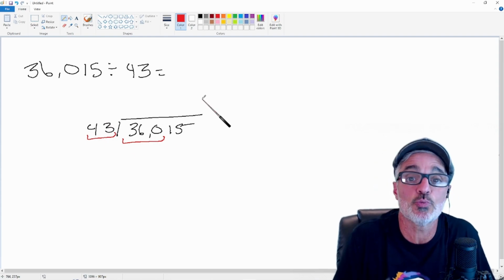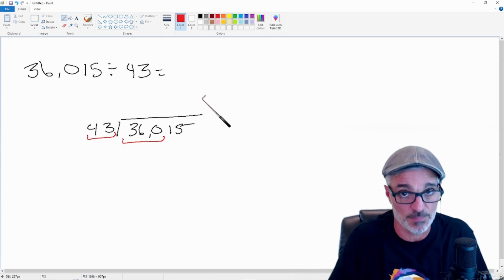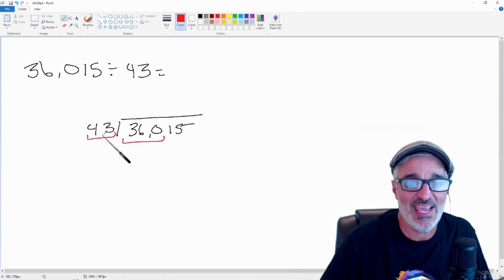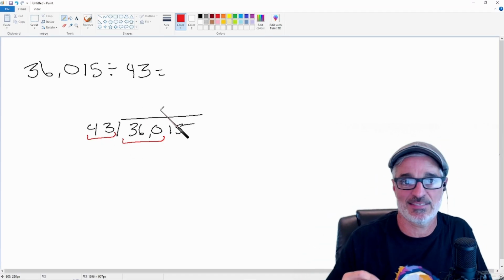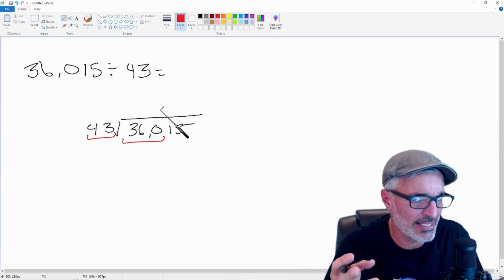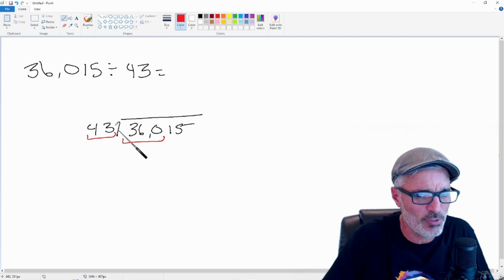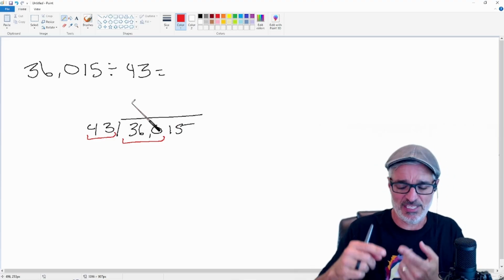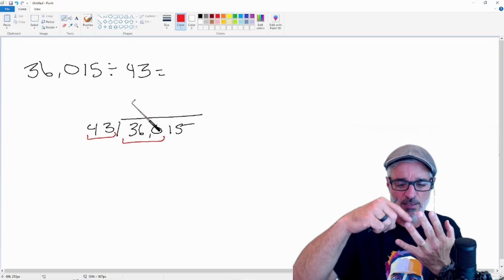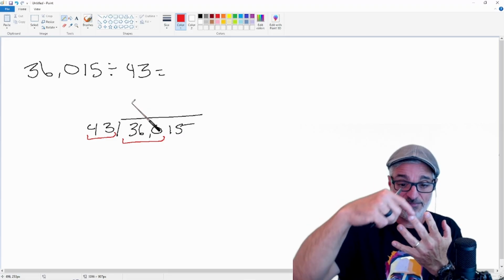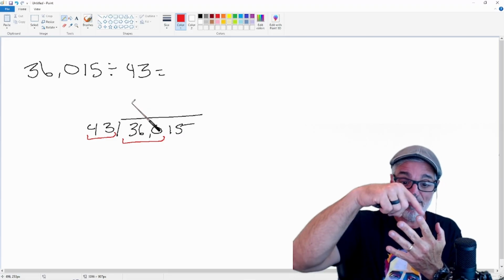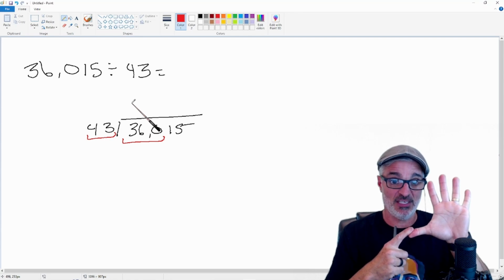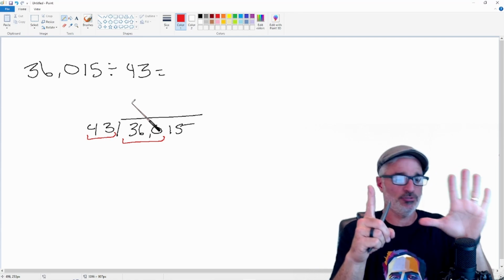And here is where trial and error comes. Okay, so what do I mean by trial and error? What I do is that I first take an educated guess, because I know that 43 is close to 50, right? And I count by 50: 50, 50, that's 100, 50, that's 150, 50, that's 200, 50, that's 250, 50, that's 300.